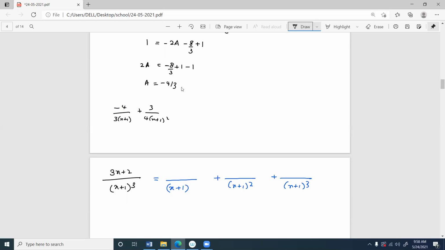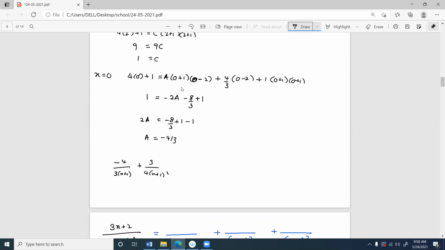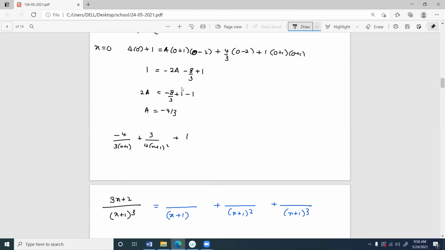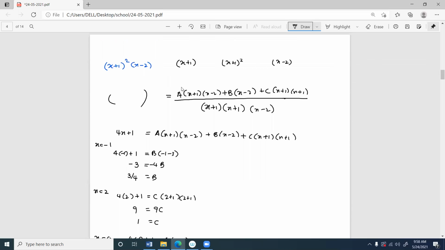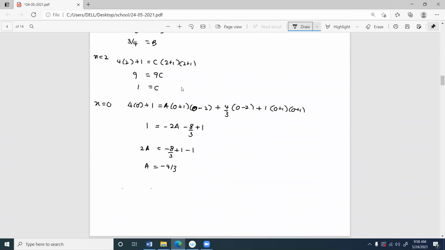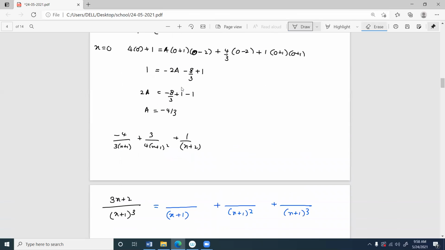Then C, according to this one, C is 1. It's 1 over x plus 2. It's x plus 2, right? So x minus 2. So I get it. It's x minus 2.